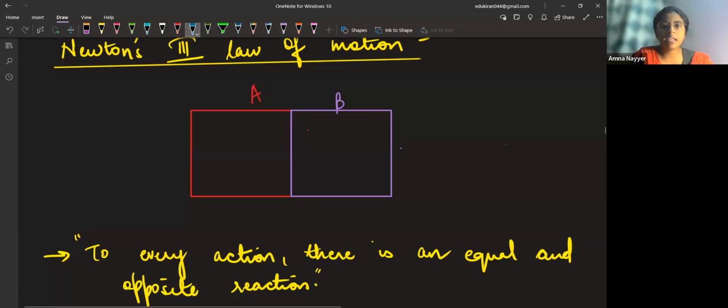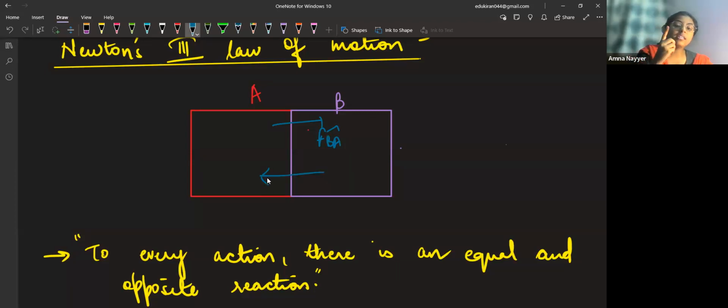Let's say body A has applied a force on B. Or let me write it in reverse: FBA, force on B due to A. This is better.